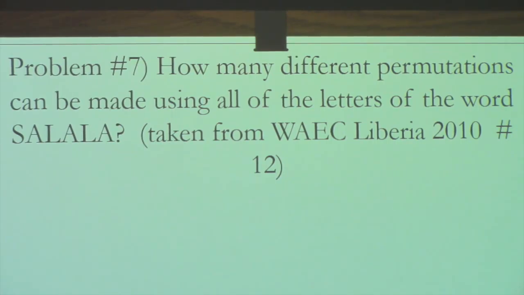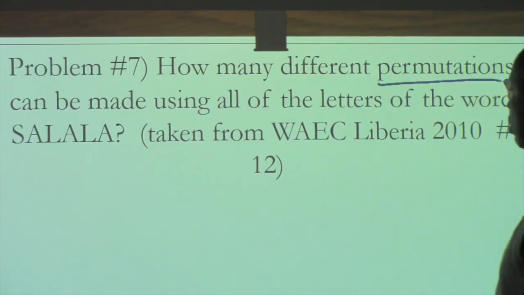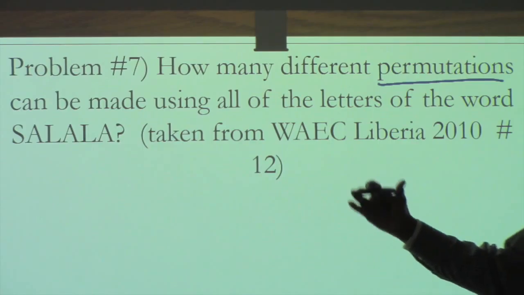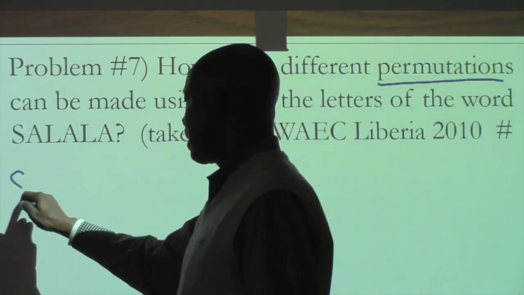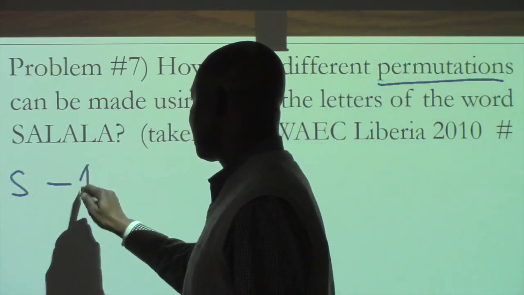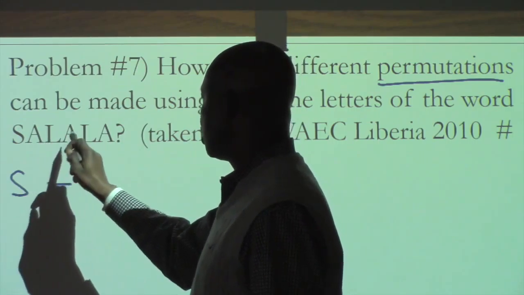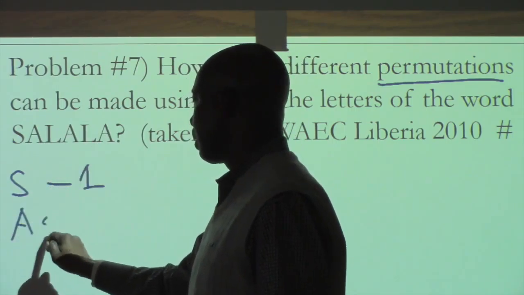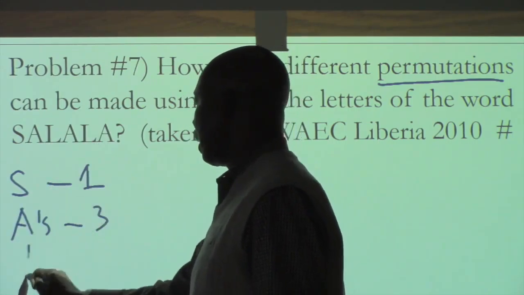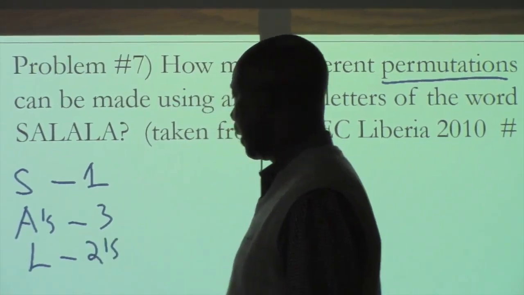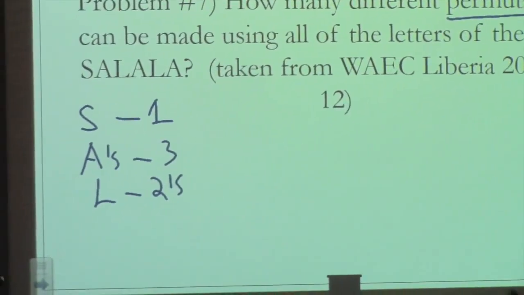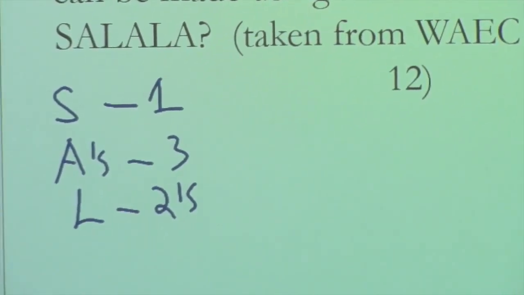So, well, again, we're talking about permutation, so we know the formula of permutation. But here, we have some localized repeats. We have, for example, S here, we have one S. A, 1, 2, 3, A's, we have what? 3, and then L, we have what? 2. So we have 3 A's, so we call that localized or repeat, and 2 L's.